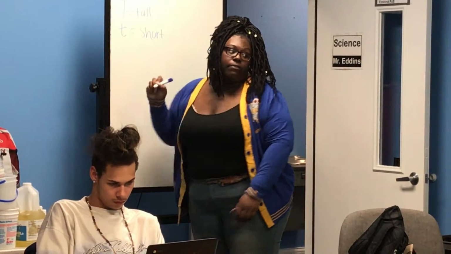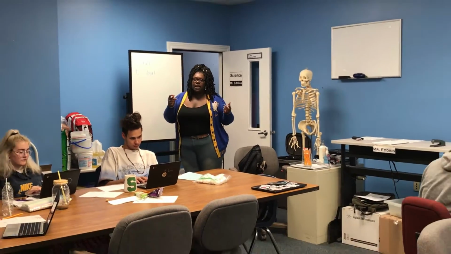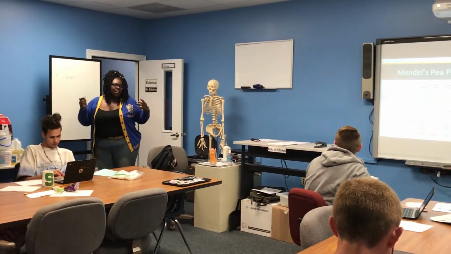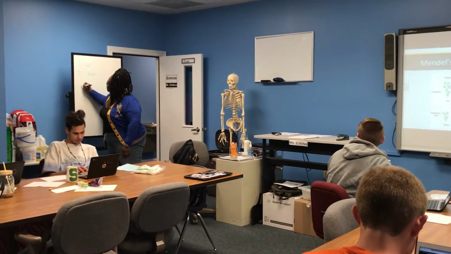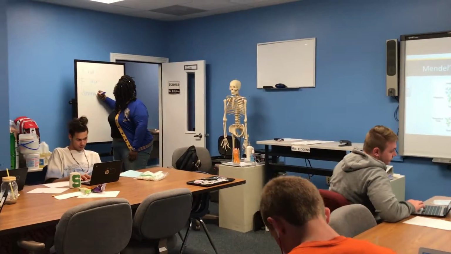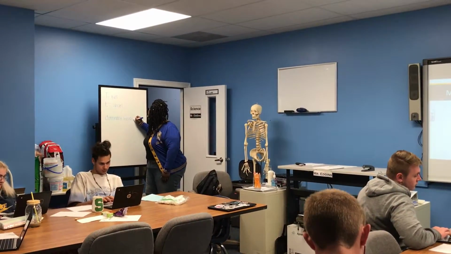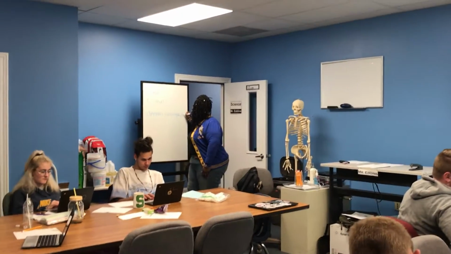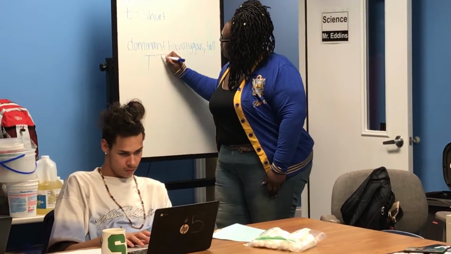So remember we talked about the words homozygous and heterozygous? A dominant homozygous tall plant would be, so I'll write that, dominant homozygous and tall, that would be 2 capital T's.